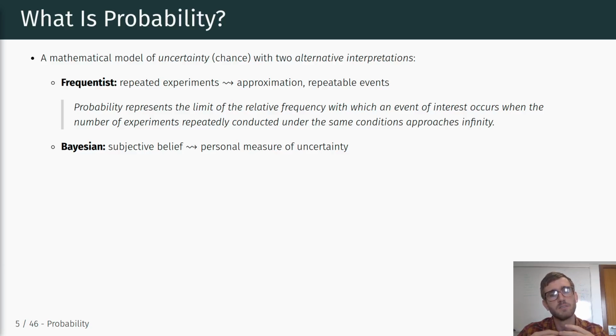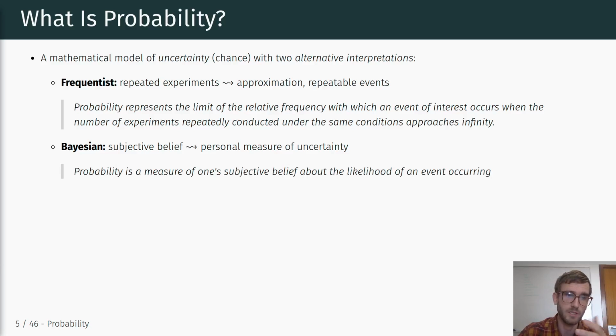And so it lends itself more easily to interpreting probabilities in one-time events, like what's the probability that Biden wins the election, as a forecast, right? So here, probability is a measure of one's subjective belief about the likelihood of an event occurring, right?